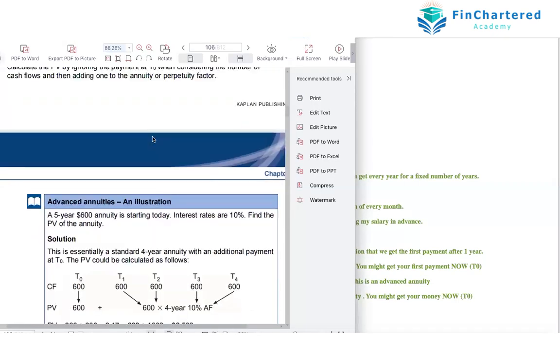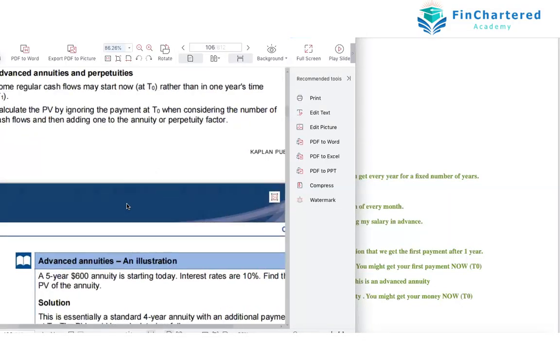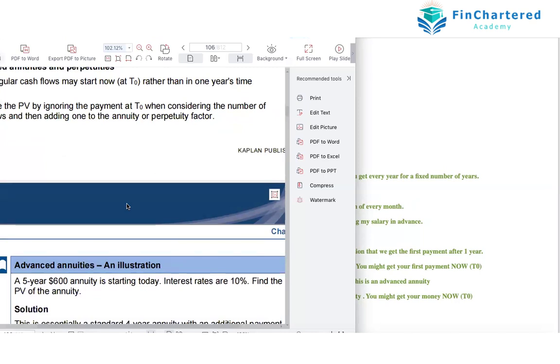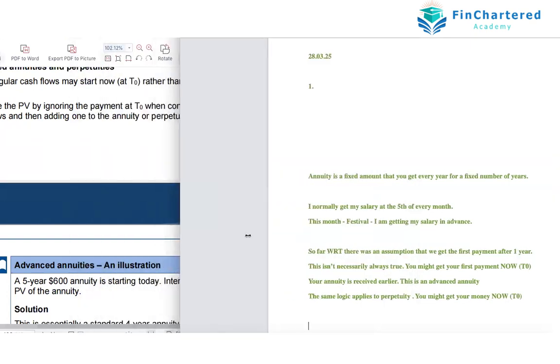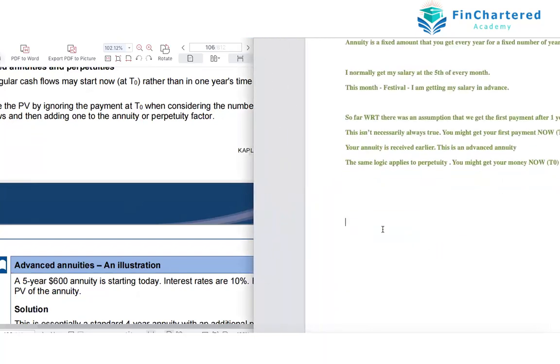Okay, for example, no need to look at the solution and panic. For example, a 5-year $600 annuity is starting today. Interest rates are 10%. Find the PV of the annuity. How can I simplify your life in this? See, it is an annuity, there is no doubt, and the amount of the annuity is $600.